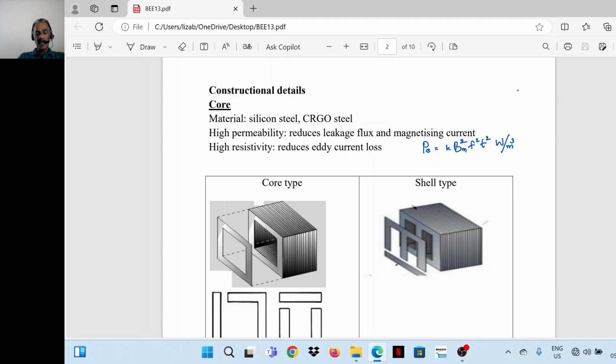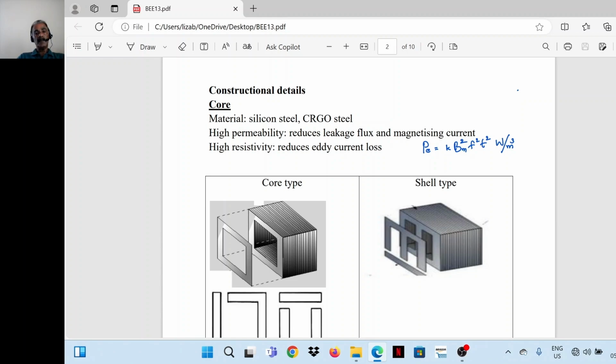Magnetizing current being less means that since the magnetizing current flows through the winding, it produces a certain amount of I squared R loss. Even though not considerable, a small amount of I squared R loss is produced by this magnetizing current.